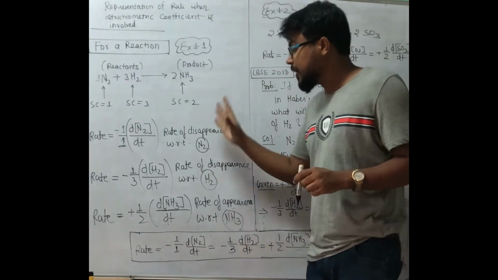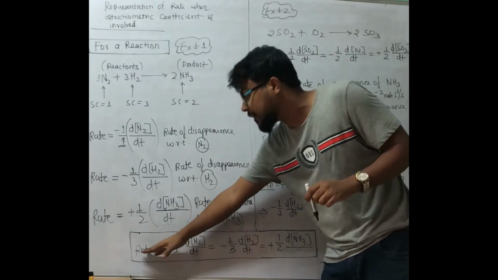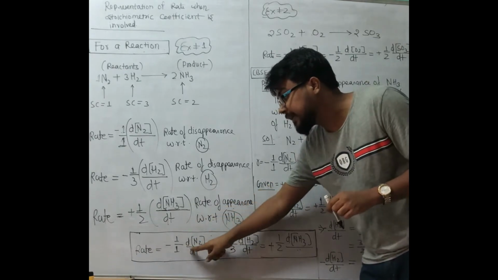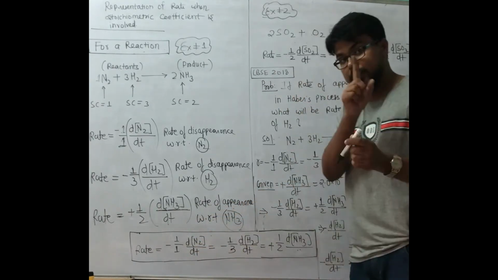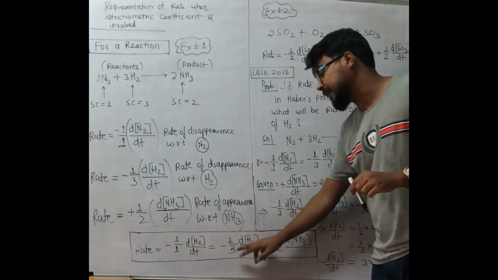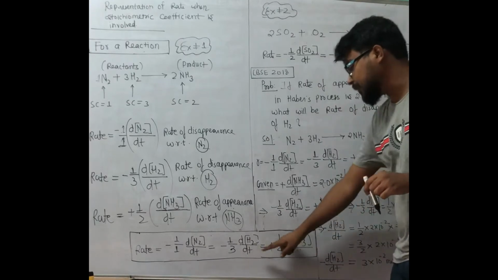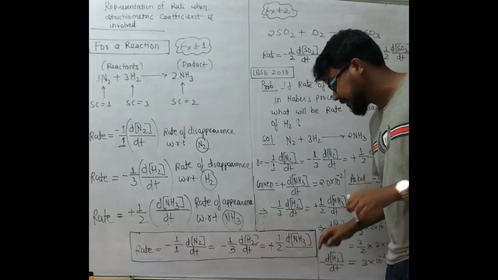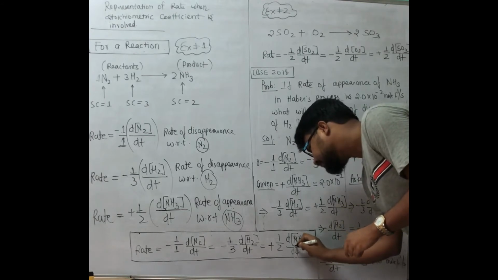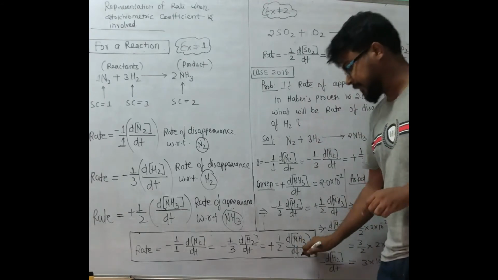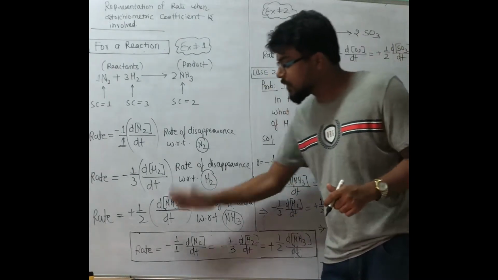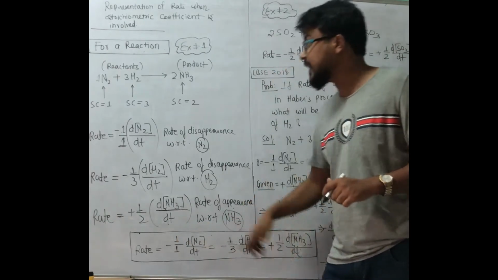Remember this one. If we club all these values in the form of rate, we will find rate equals minus 1 by 1 d[N2] by dt equals, remember, all parameters will be equal, minus 1 by 3 d[H2] by dt equals plus 1 by 2 d[NH3] by dt. So remember what we have to do: write all stoichiometric coefficients in the denominator.